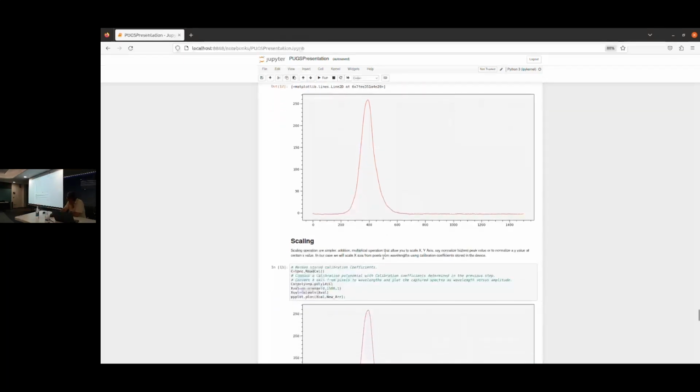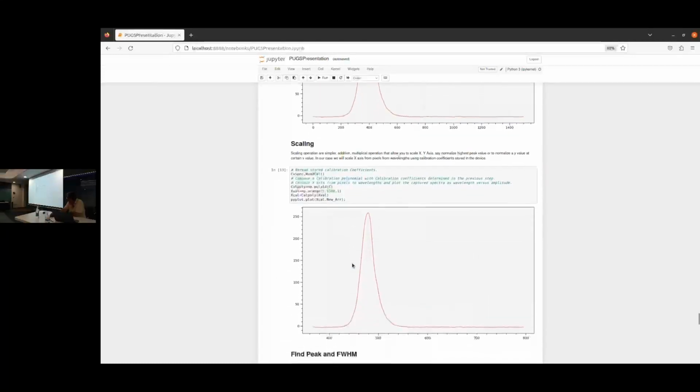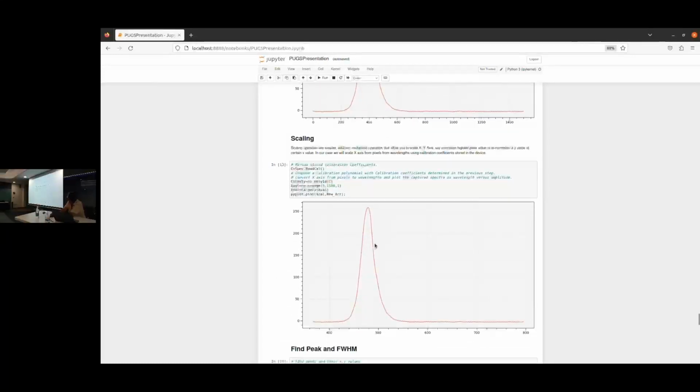Then you will do some scaling. In our case, the scaling is to match the axis, the x-axis, the wavelength axis. You can also do it for the y-axis. The response of pixels, just like the human eye, is not a uniform response.